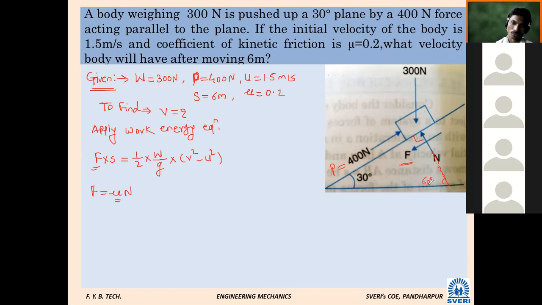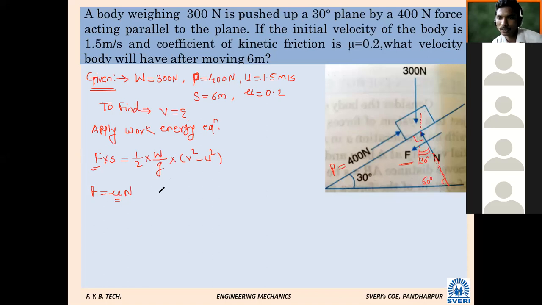How much angle is made by this normal reaction with the vertical? 30 degree. A particular line will make an angle with the horizontal of 60, with the vertical it will make 30, that is 90 minus whatever.